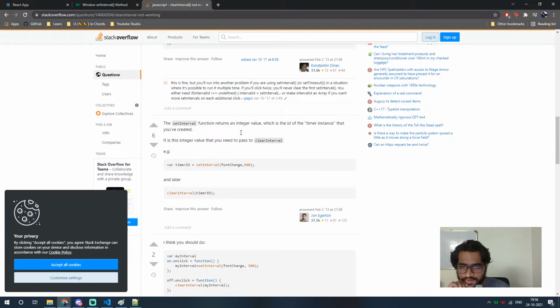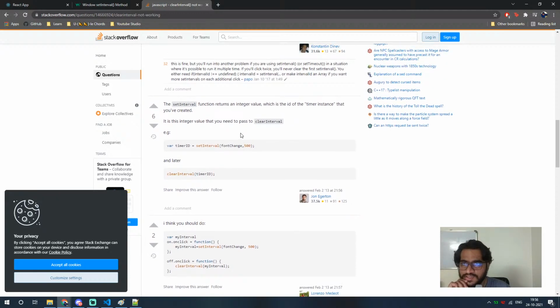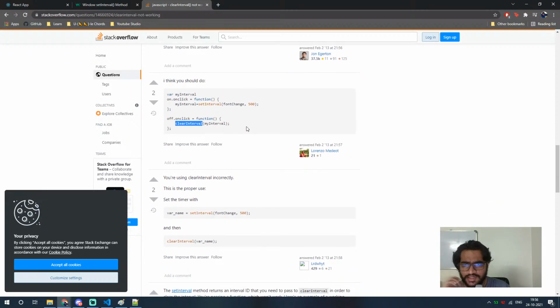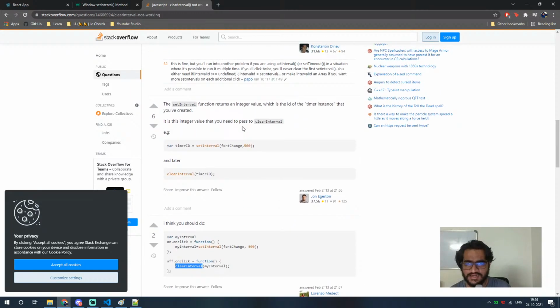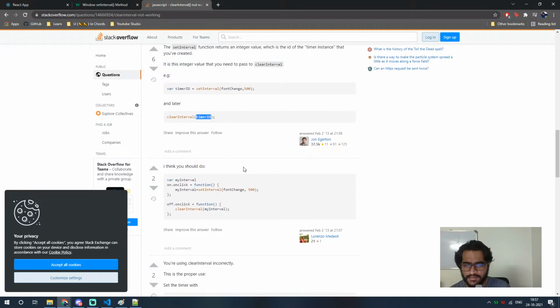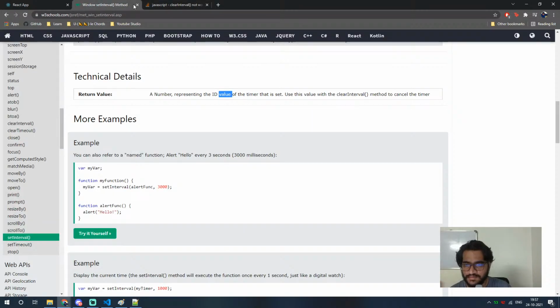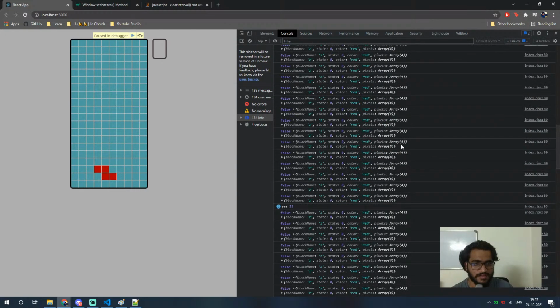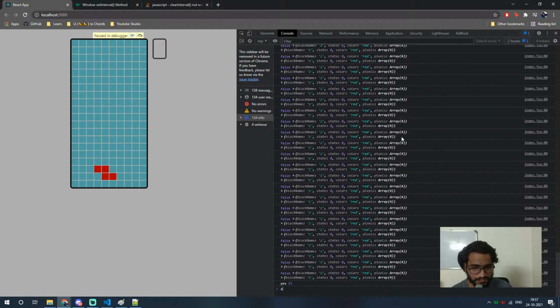Let me just go through the other Stack Overflow problem. It just states that you pass the ID into the clear interval, but I'm doing the same and I'm not getting any result.